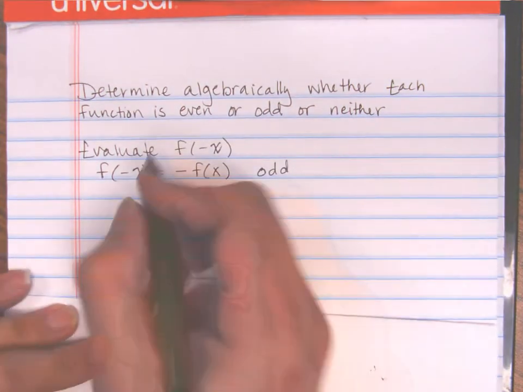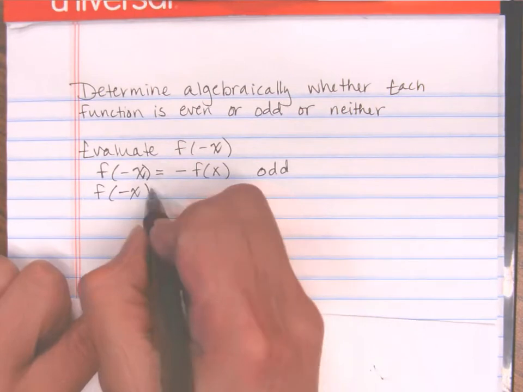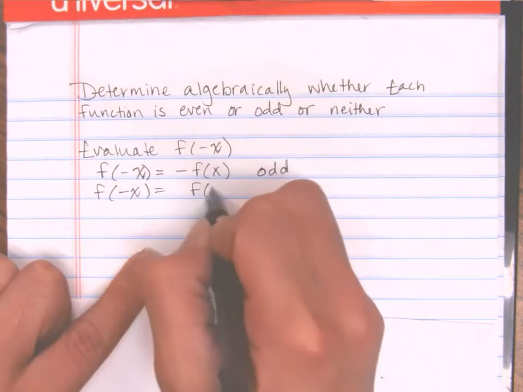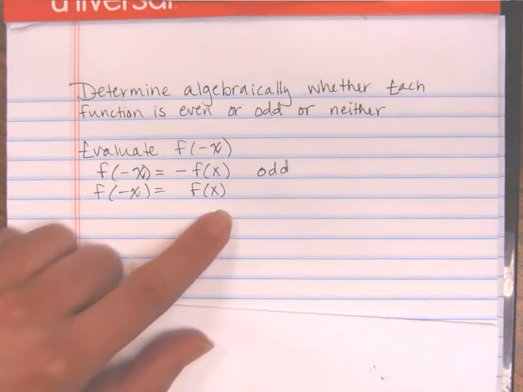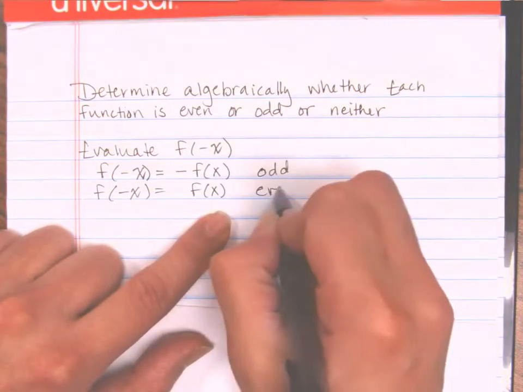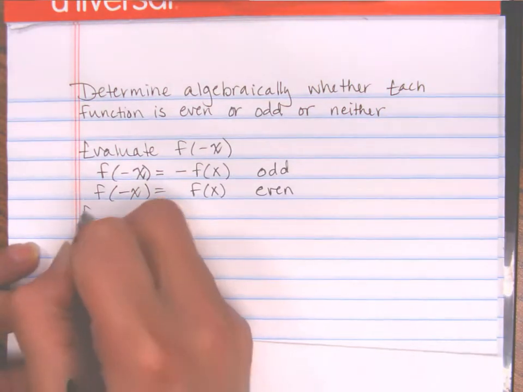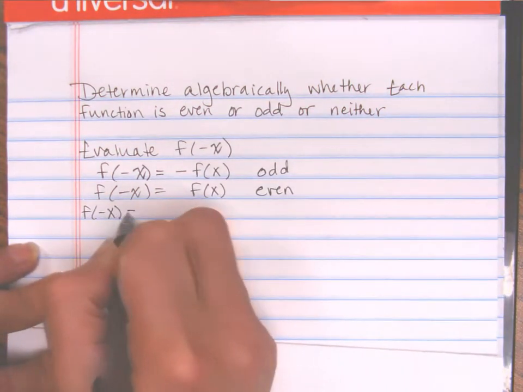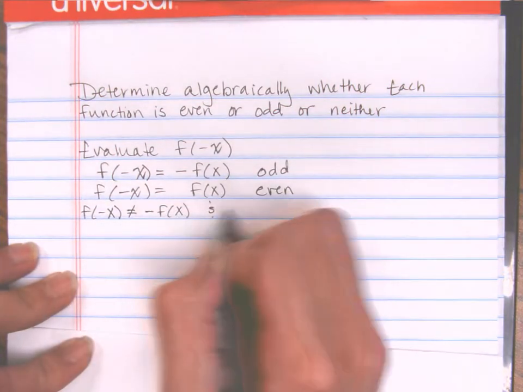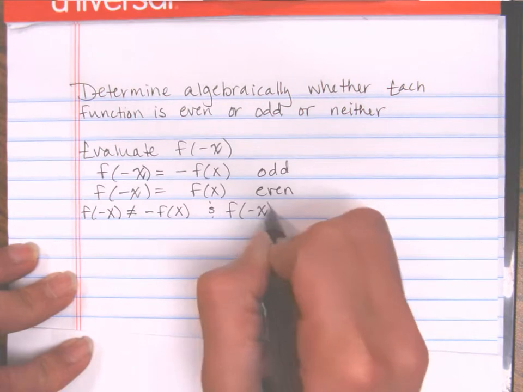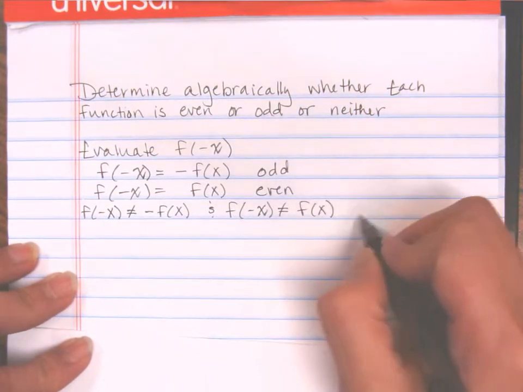If f of negative x is equal to just f of x, so we simplify everything down and we end up with what we started with, we call that even. And if f of negative x does not equal negative f of x, and f of negative x does not equal f of x, we call this neither.